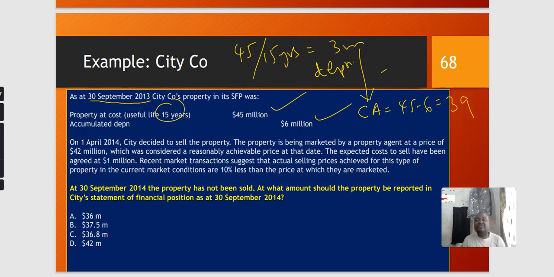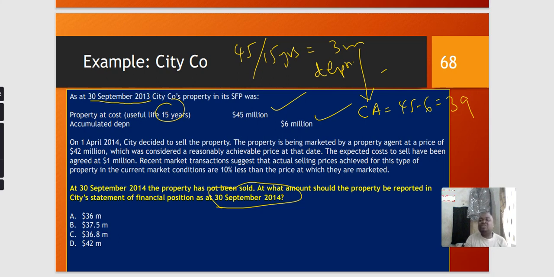All right, so if depreciation was 3 million, how much was the current depreciation? So far they had accumulated depreciation of 6 million and we've accounted for that. What about up to the reporting date, that is 30 September 2014? The property has not been sold.